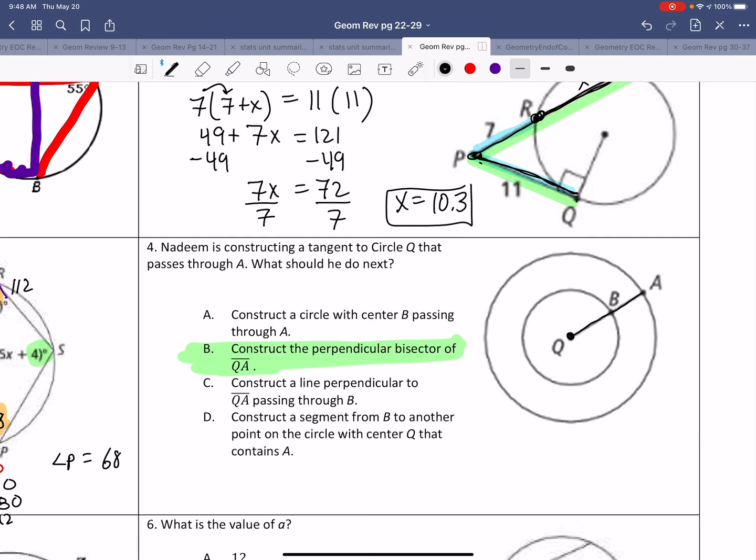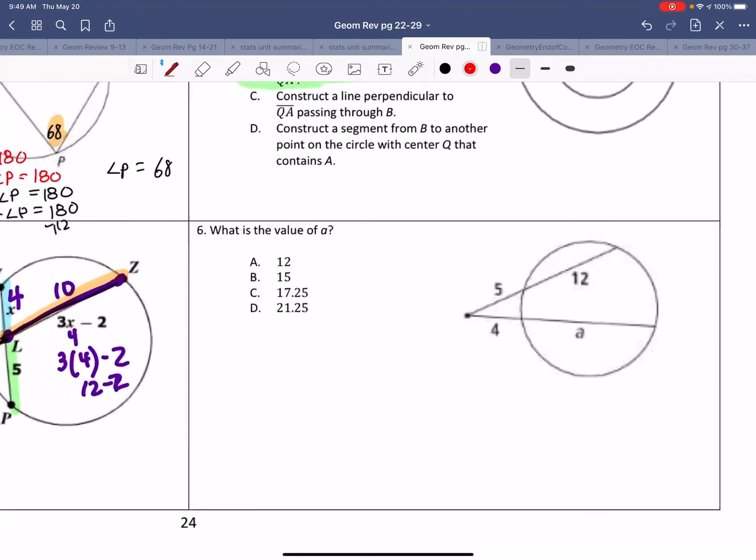What I need to do is cut this in half at a 90, because what that'll end up doing is it will create the location where I can run my tangent line from, if that makes sense. So my answer is perpendicular bisector.